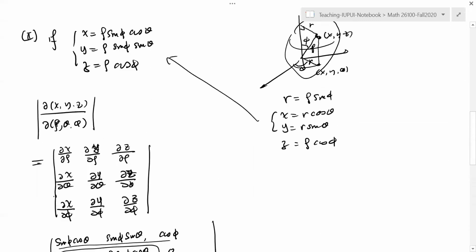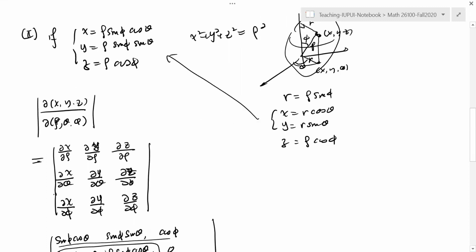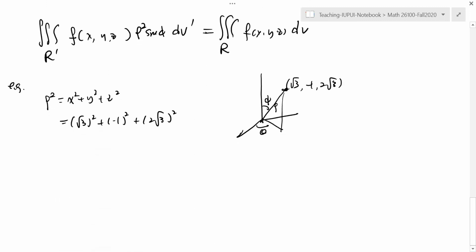You see our transformation here: when you square all of them, you get rho square. So rho square is x squared plus y squared plus z squared, the distance between the point and the origin. So it's going to be 3 plus 1 plus 12, so that's going to be 16. Rho is going to be 4. Okay, good.